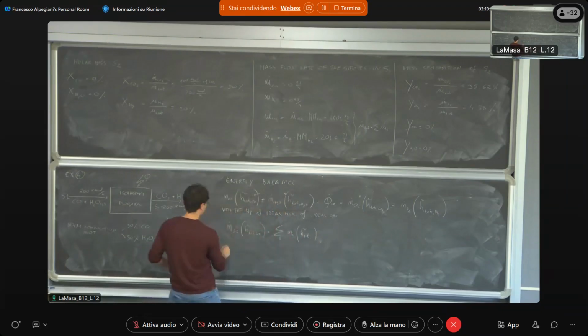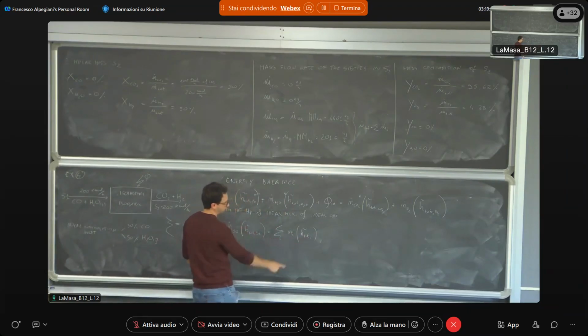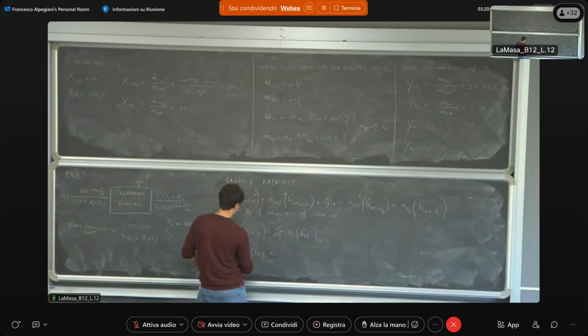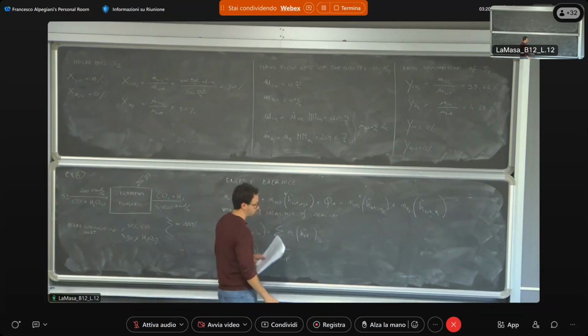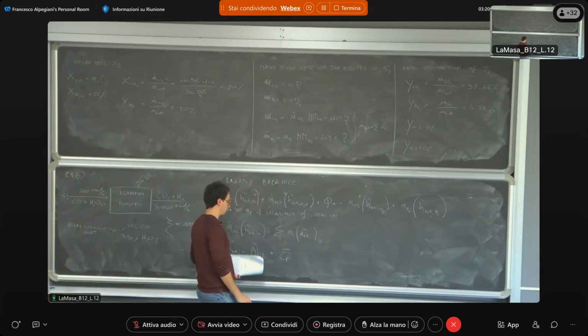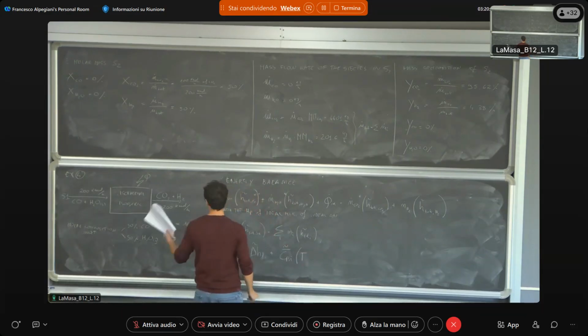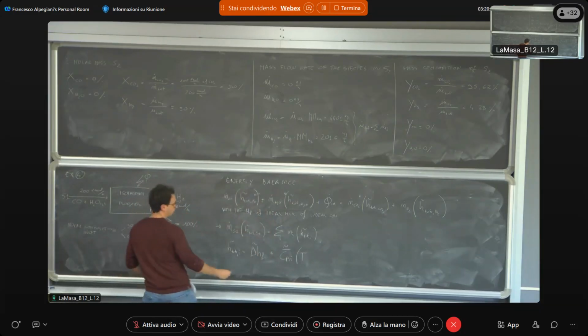And also, this is the important thing, H dot i, the total enthalpy of the species i, is equal to the enthalpy of formation, so delta H f i, always on molar basis, plus Cp mean, a mean specific heat capacity on molar basis of the substance i, times the temperature at which the reactor is minus a reference temperature.